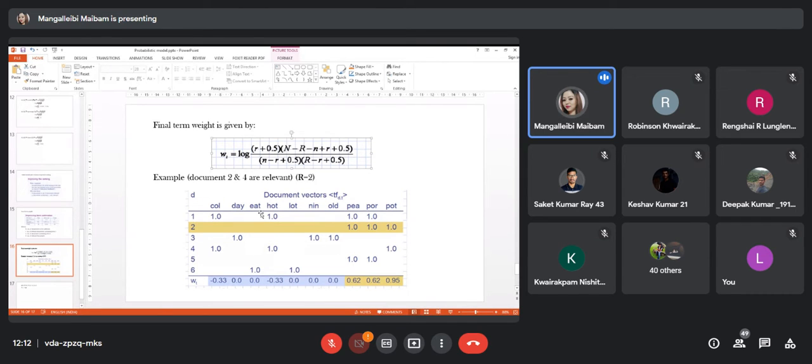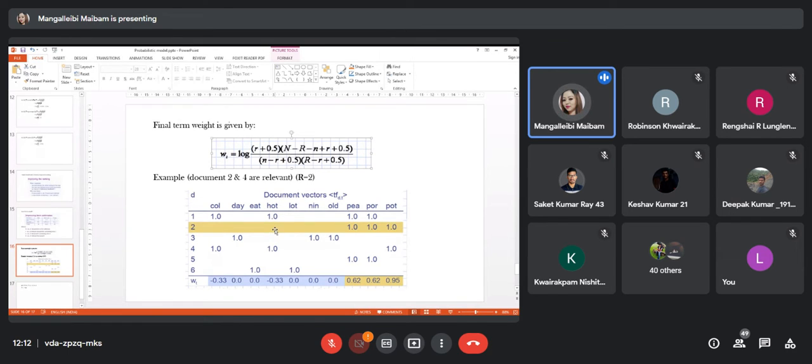And when we calculate using the formula for a particular term, for example, hot, I have to check for small r if it is present in the relevant document. If it is not present in the relevant document, then it is 0. But suppose r equal to 1 for document 2 is 11, right?